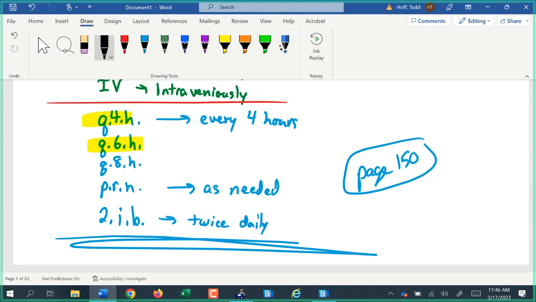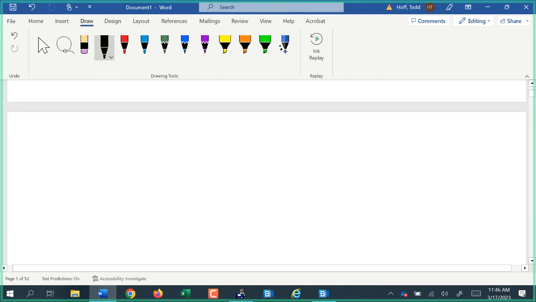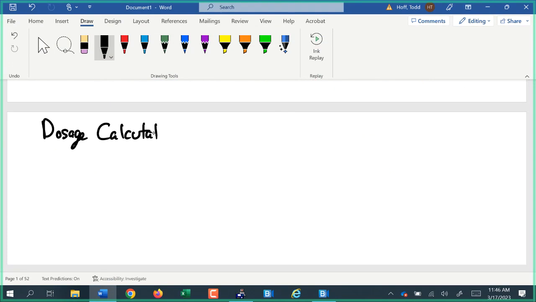So with that all said, we are going to start the meat and potatoes of Unit 3, and that is dosage calculations. There are actually 3 main methods that are used in practice for dosage calculations.